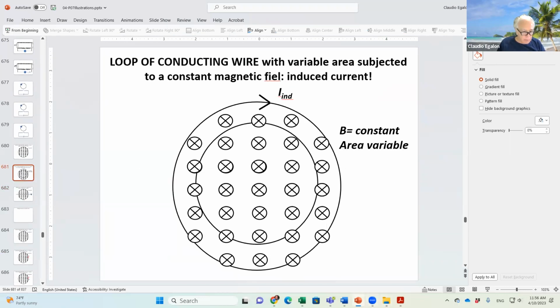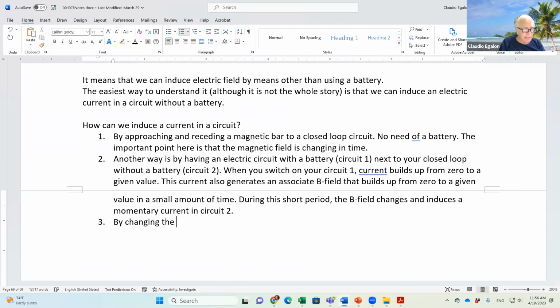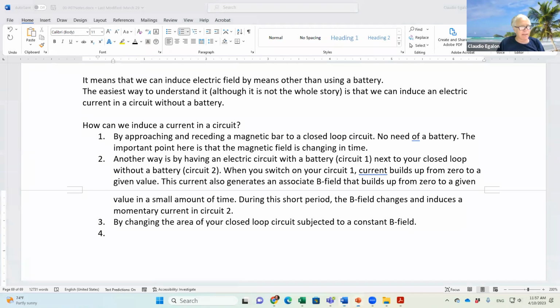So the 3rd way is by changing the area of your closed loop circuit subjected to a constant magnetic field. I shrink and expand the circuit, and you will be able to induce a current as well.